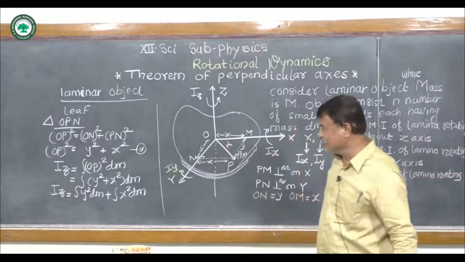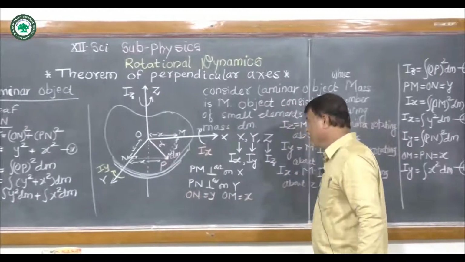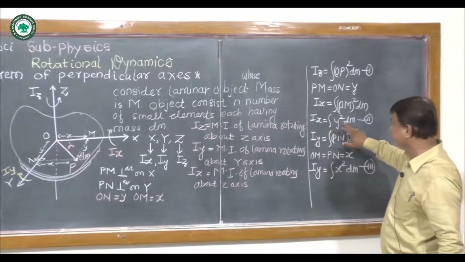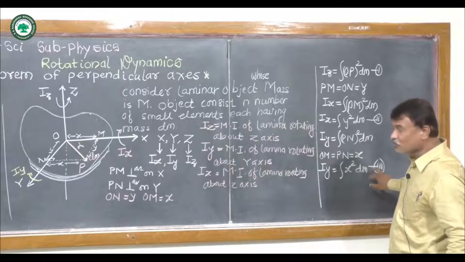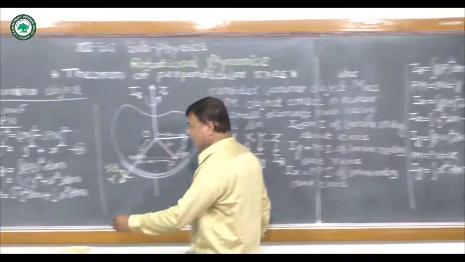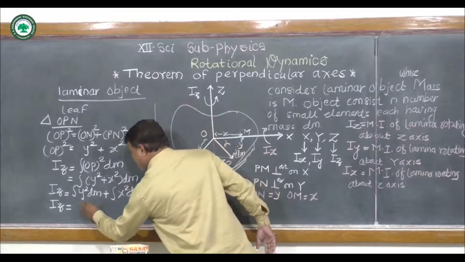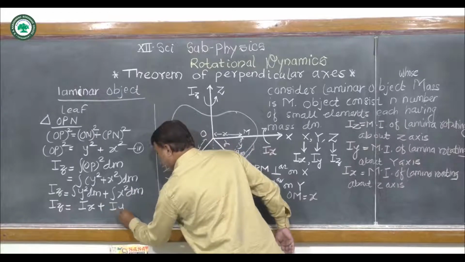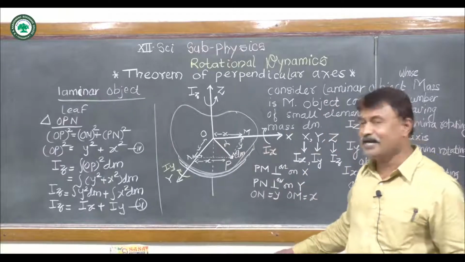But according to equations 2 and 3, Ix is equal to integration of y square dm and Iy is the integration of x square dm. So finally we get equation 5, Iz is equal to Ix plus Iy.